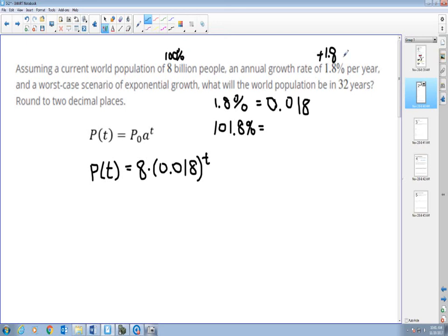So that will quickly give me the next year's population without having me add 8 billion. I'm adding my percentage rather than adding the actual number of people. Alright, so this is actually going to be 1.018 to the t power.